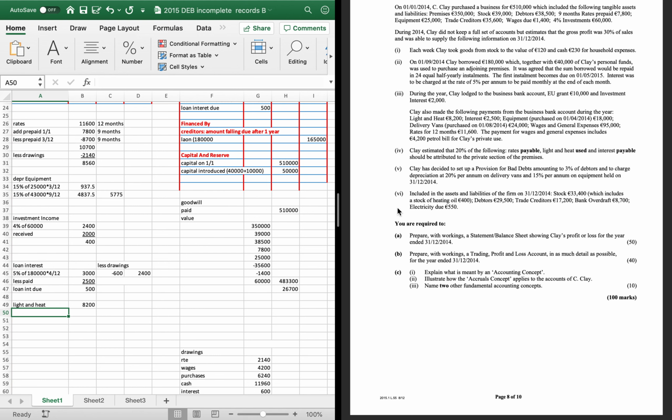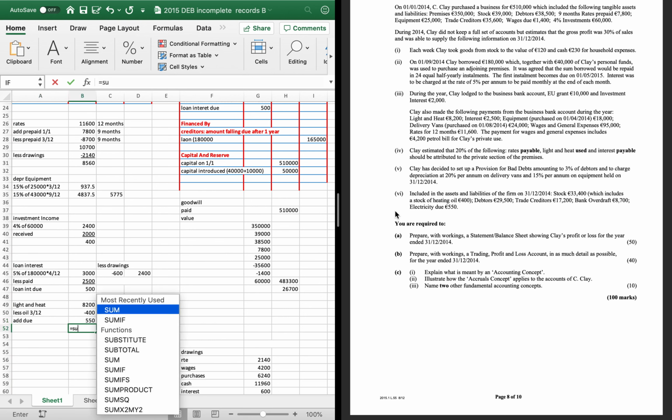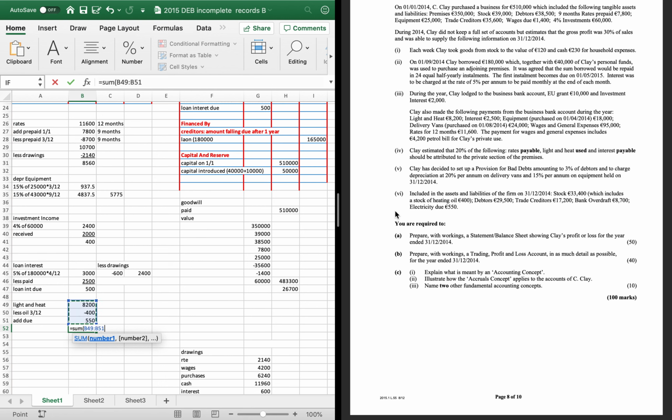Then you go down to the bottom and you see there's a stock of oil at the bottom. So the stock of oil at the end is for next year, so we're going to take that away. See if there's any electricity due. There's 550. We're going to add that on. Okay, so that gives you 8,350 as your light and heat used.